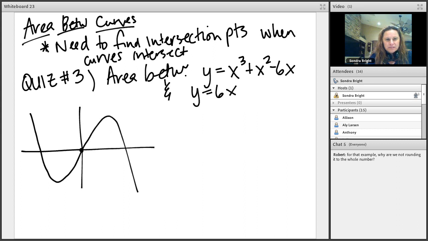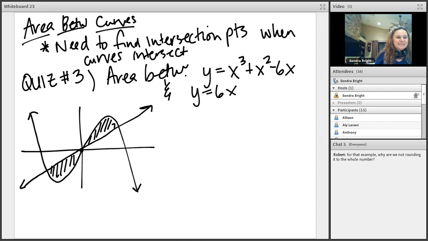So it's just going to go like that. Those are the two curves. If we want the area between the curves, we want this little area there, and this little area there. And so what we have to do is split this up into two different integrals.